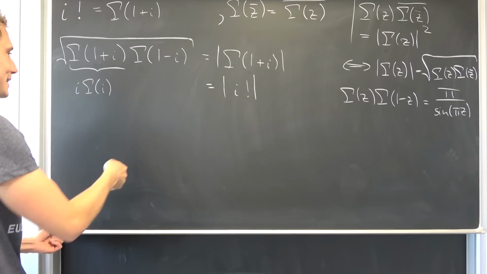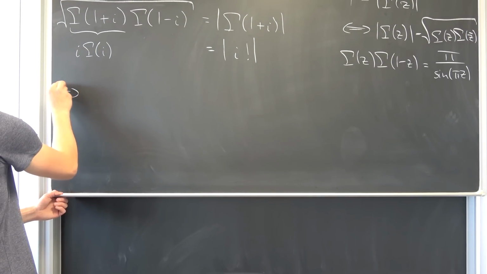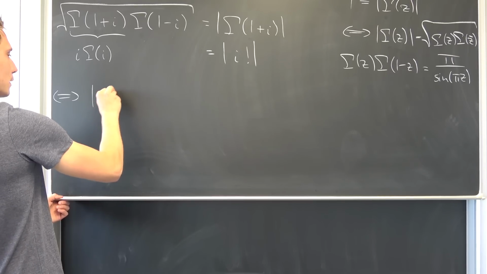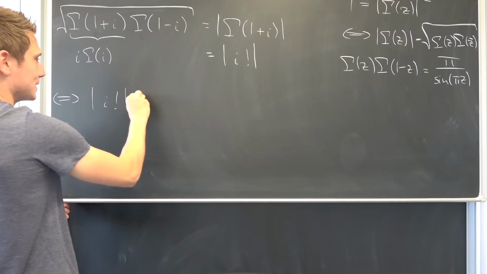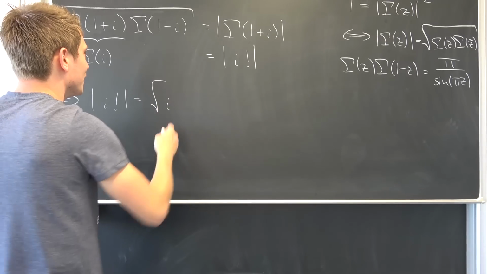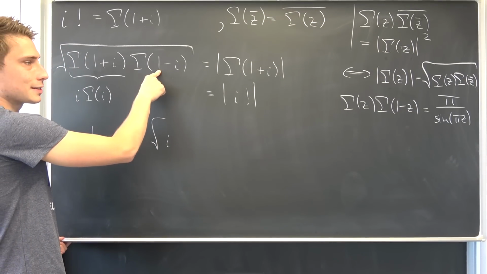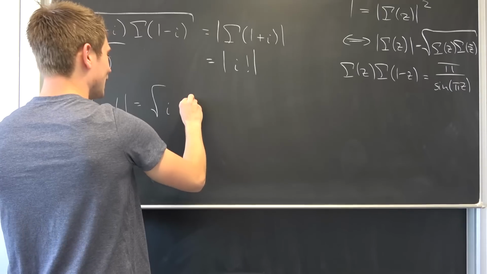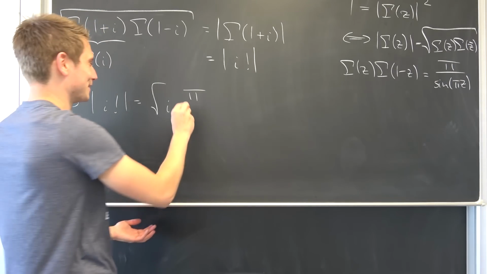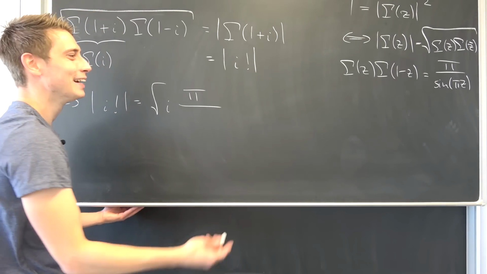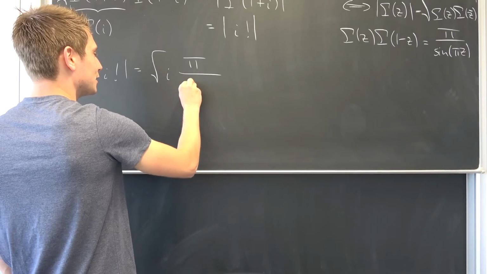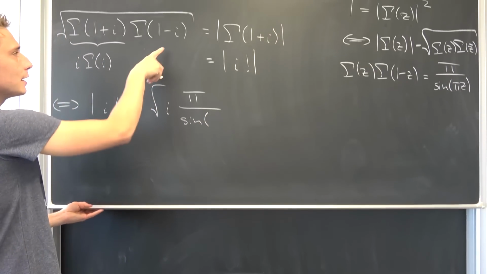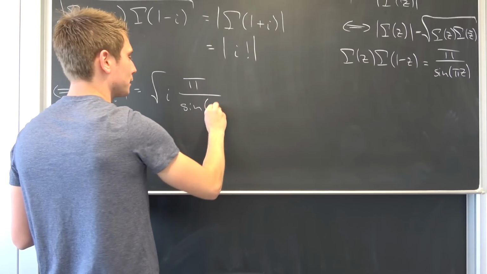Meaning, the modulus of i factorial is nothing but the square root of i times, and this multiplied with this together is nothing but pi. Random pi popping up out of this. So amazing. Over sine of i times pi.